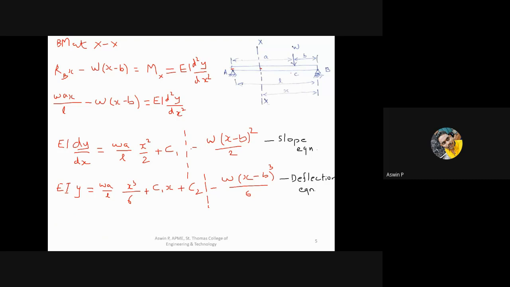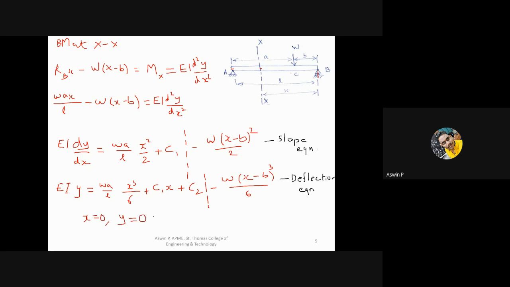When you look here, x equal to 0, that is B here. When x equal to 0, automatically deflection will not be there because it's a support. So when x equal to 0, y equal to 0.